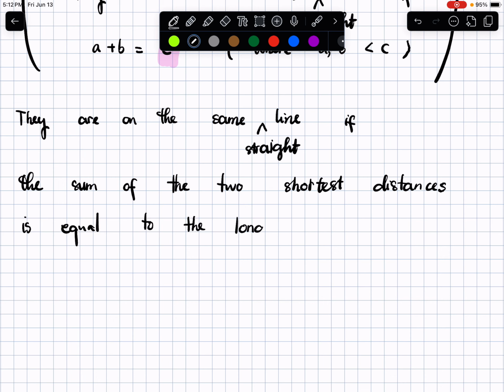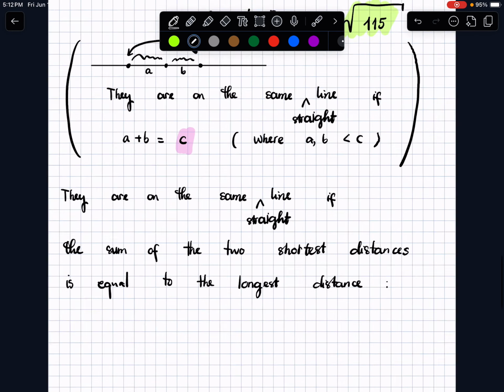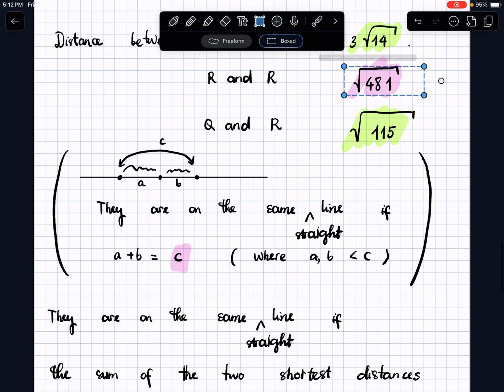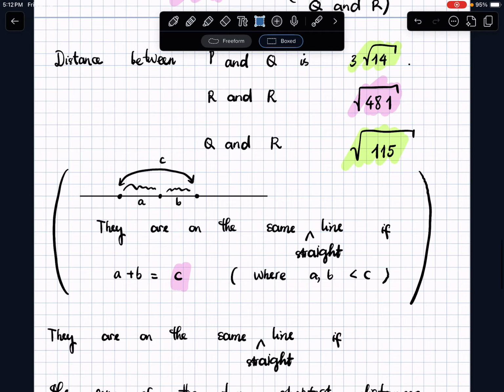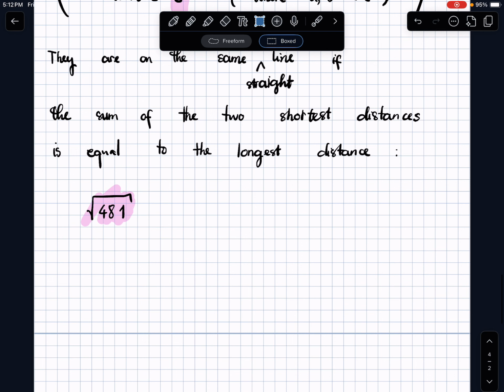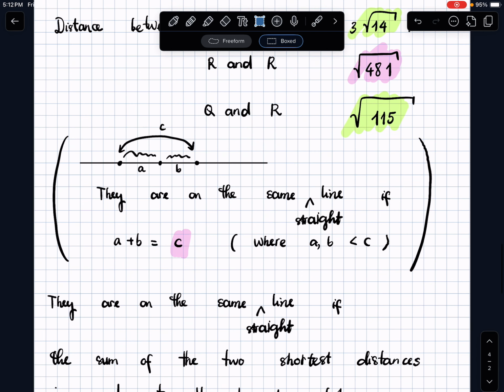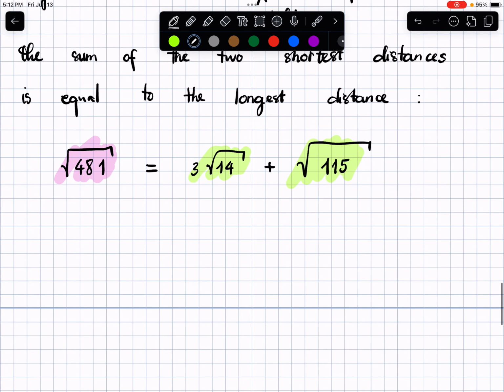So now we check. The square root of 481 is the longest. Does the square root of 481 equal 3 square root of 14 plus the square root of 115 or not? The answer is no, they are different.